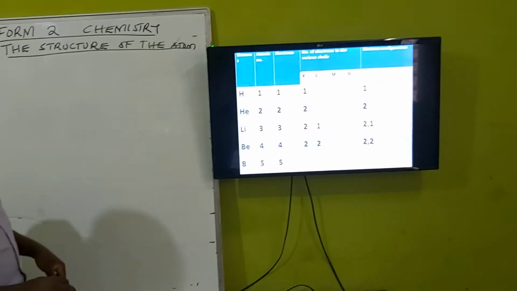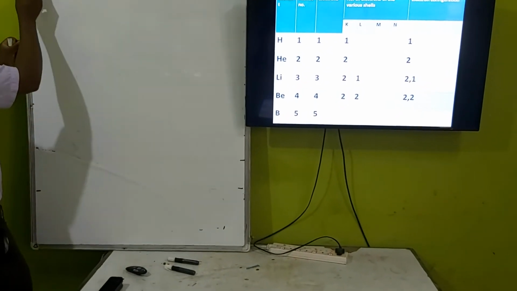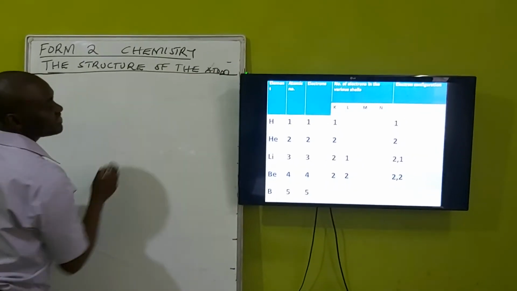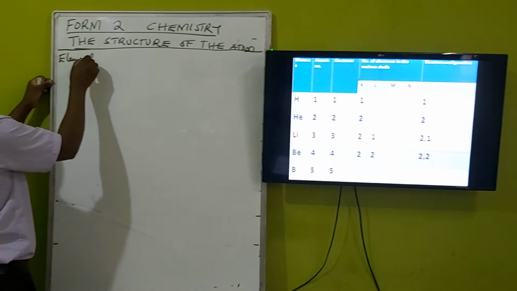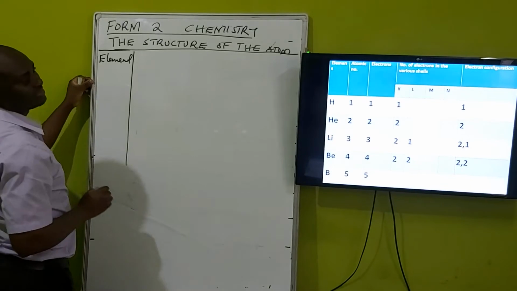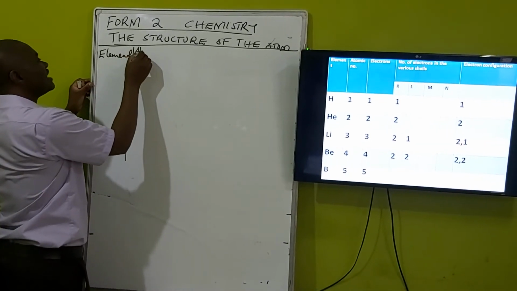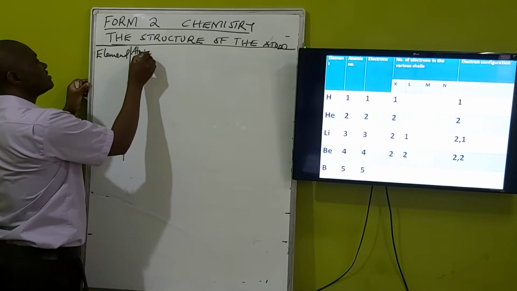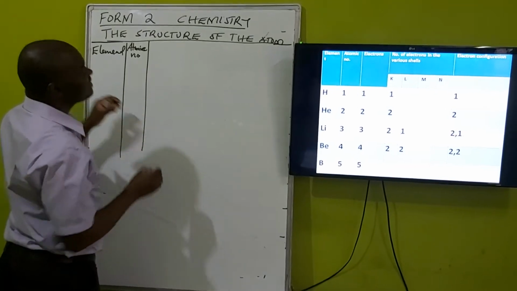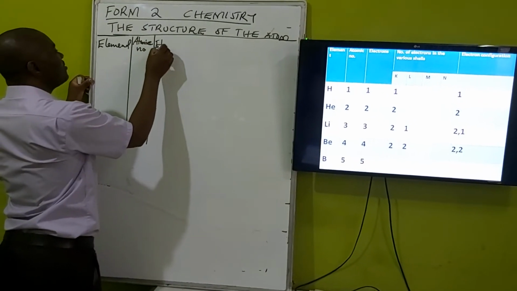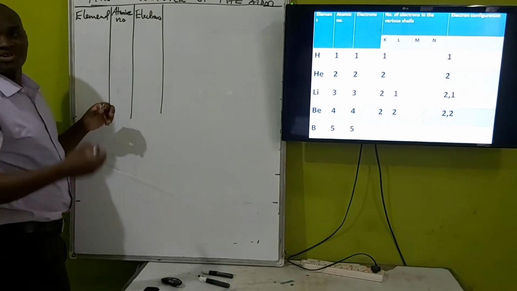Now, our learning is going to be based on this table again, and I'm going to have just a section of it where we will have the elements, and I will be using symbols. Then again, we'll have the atomic number, then the number of electrons, because we are dealing with the electron arrangements.